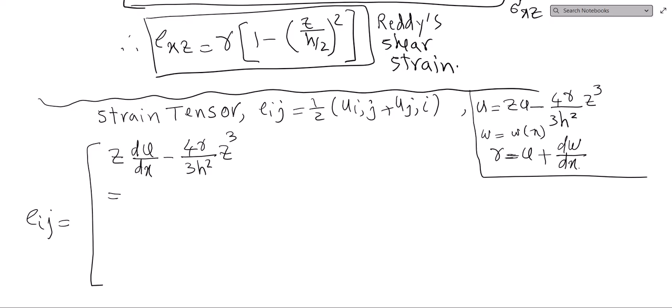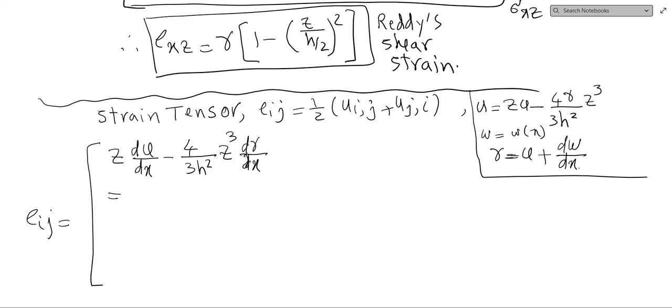So if we rewrite it in terms of phi and w, actually I have to here say d gamma dx.